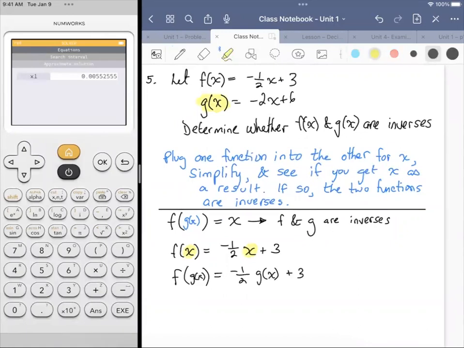So everywhere I have an x in that original function, I'm replacing it with a g of x. And then I'm going to replace g of x with what it really is. On the left-hand side, I could do that, or I could just leave it using the notation. I'm going to leave it using the notation f of g of x. But on the right-hand side, I'm actually going to substitute in the g of x expression, which is negative 2x plus 6.